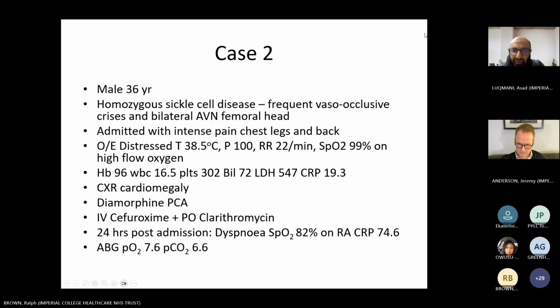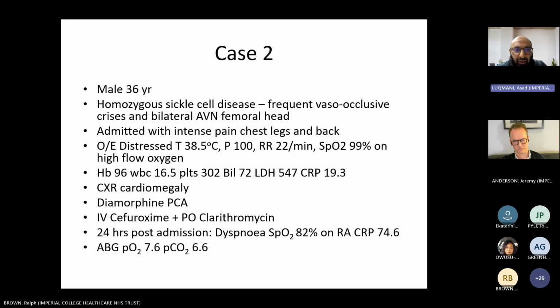Thank you. We have the second case: a 36-year-old male with hemoglobin SS, frequent vaso-occlusive crises, bilateral AVN of the femoral heads, admitted with intense pain in the chest, legs, and back. On initial assessment and examination, he's distressed, febrile, temperature of 38.5, tachycardic, respiratory rate of 22, and on pulse oximetry, oxygen saturation of 99% on high flow oxygen.